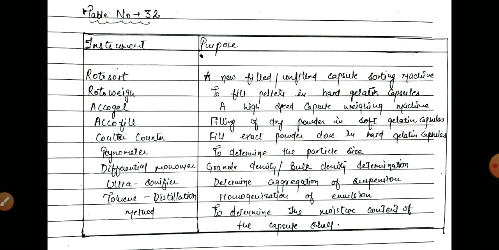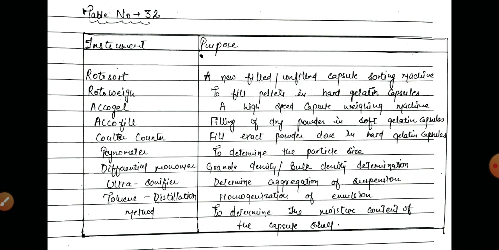Differential monometer is for granule density or bulk density determination, and then ultrasonifier is used to determine aggregation of suspensions.